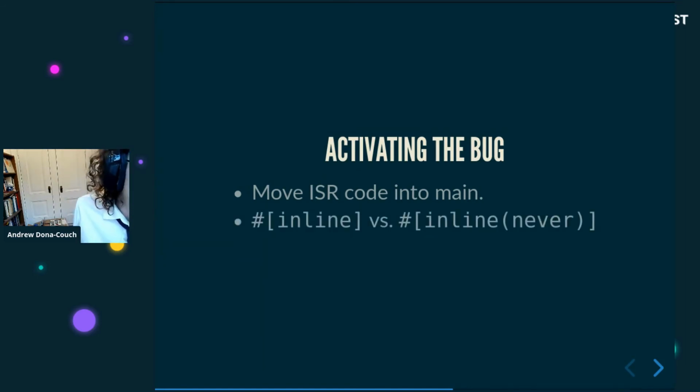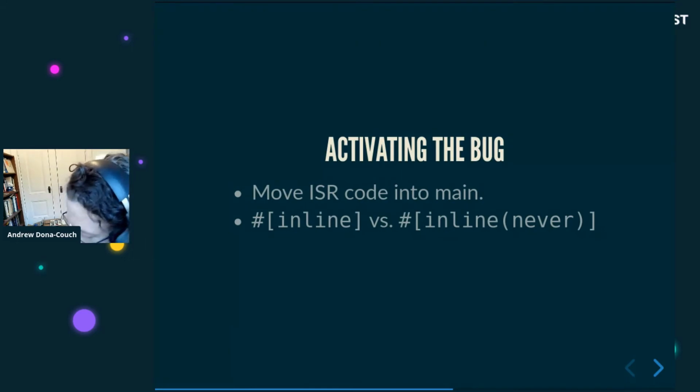We also, if I change an inline annotation to inline never, that makes the bug disappear. Now this is curious. I've heard of there being compiler bugs related to inlining, but that means it's not my bug. It's not a bug in code I wrote. That implies it's a bug in the compiler, and it's never a bug in the compiler.